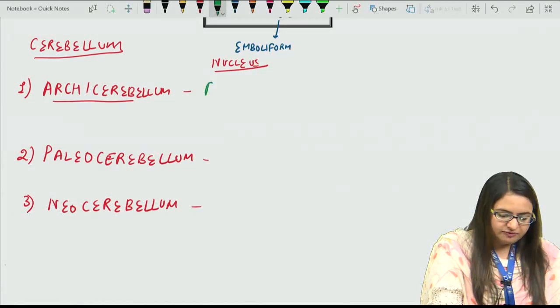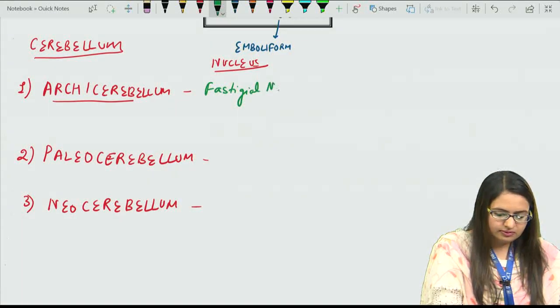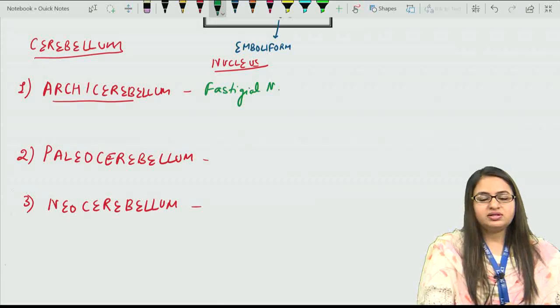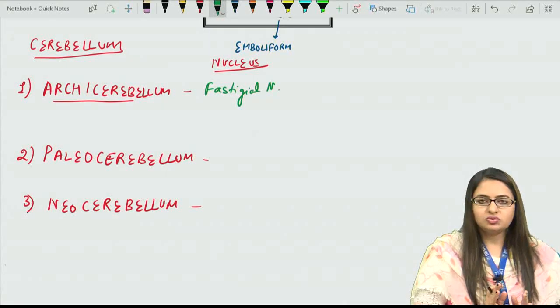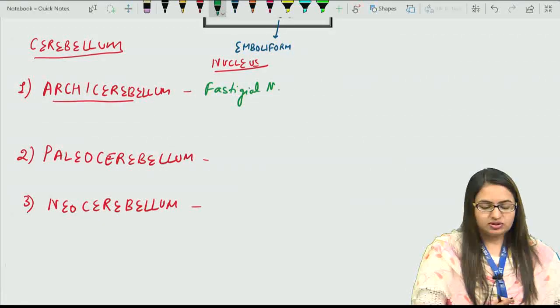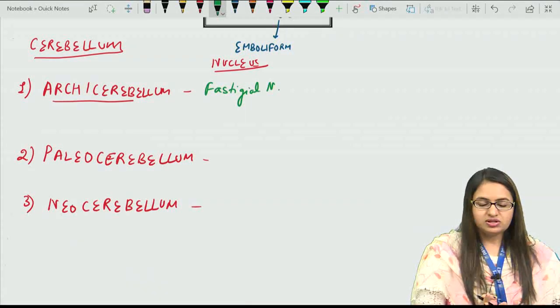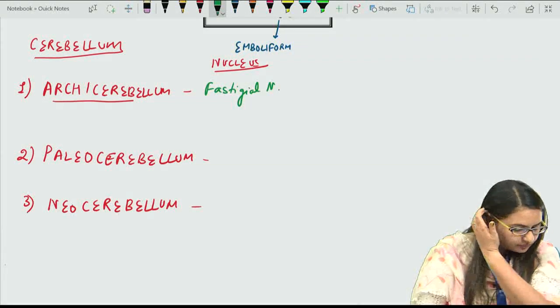For the archicerebellum, the fastigial nucleus is related to this. Then for the paleocerebellum, the globose and the emboliform nuclei are related to it, and together they are known as the nucleus interpositus. For the neocerebellum, the dentate nucleus is related to this. This portion of the cerebellum sends fibers to the dentate nucleus.